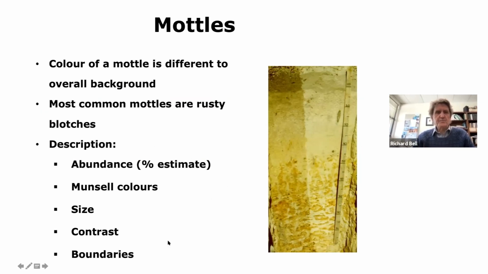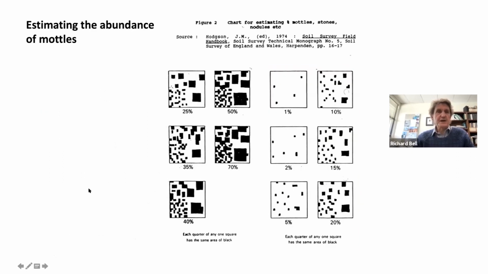And we can describe the mottling in terms of the abundance. We can actually use the color chart to describe the color and size and the contrast and the boundaries. But for most of us, we just would like to know the color and the abundance of the mottles. And the Munsell soil color charts actually got some extra charts which help us to visually estimate what the abundance is.